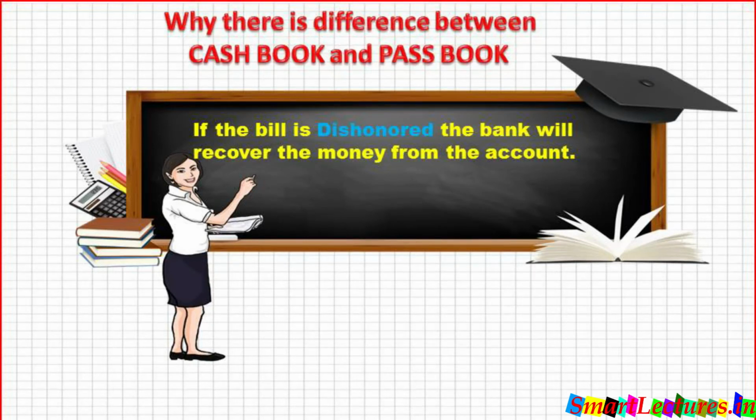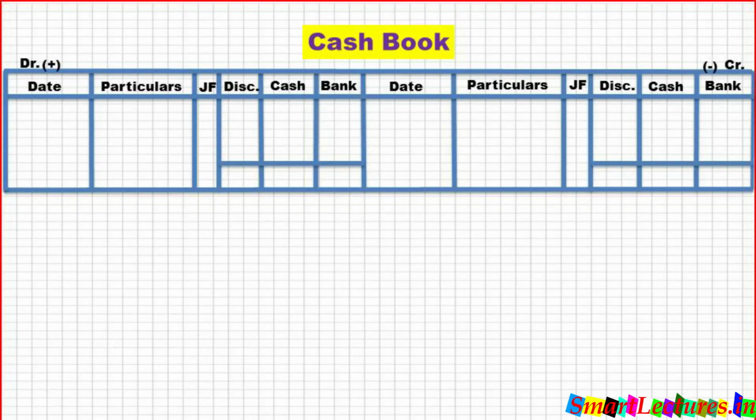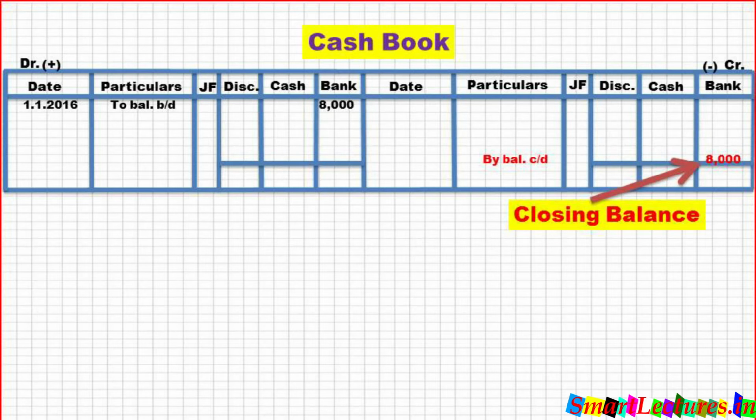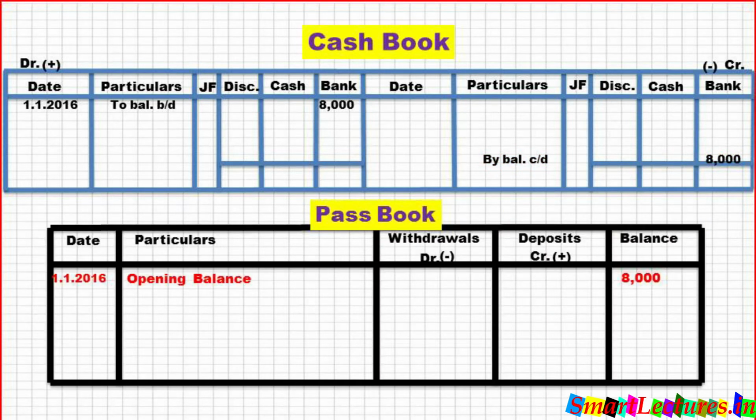Let's see how the cash book looks: opening balance 8000 and closing balance still 8000. But in the passbook, opening balance 8000, to bill of exchange dishonored 1700 on the minus side, and the closing balance is plus 6300. This is the reason for the difference.